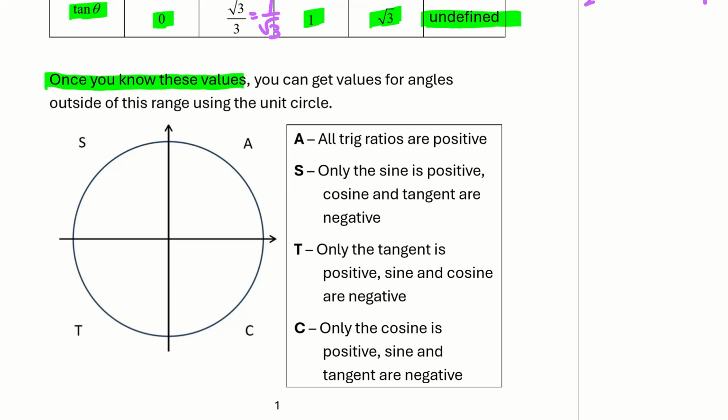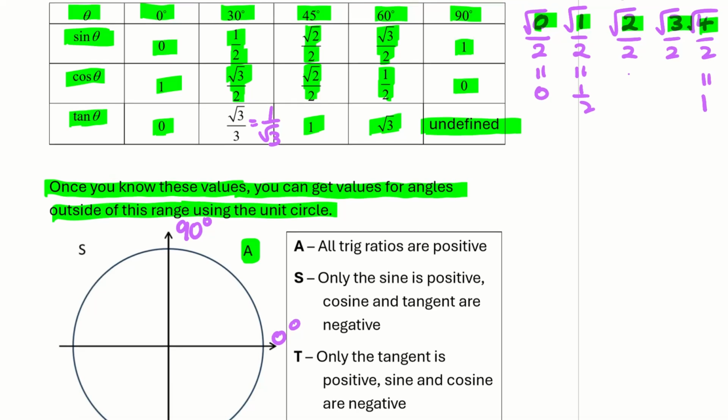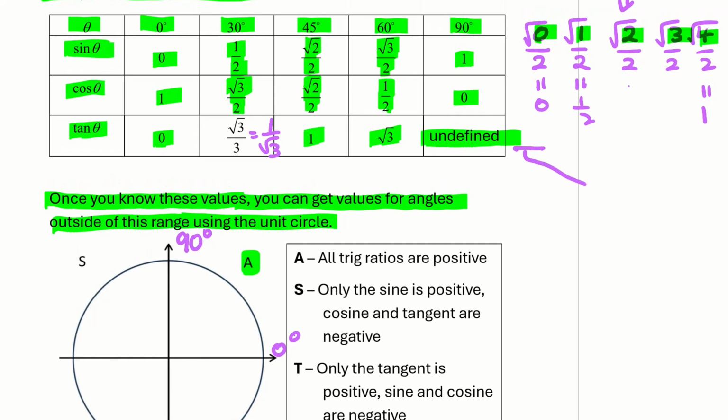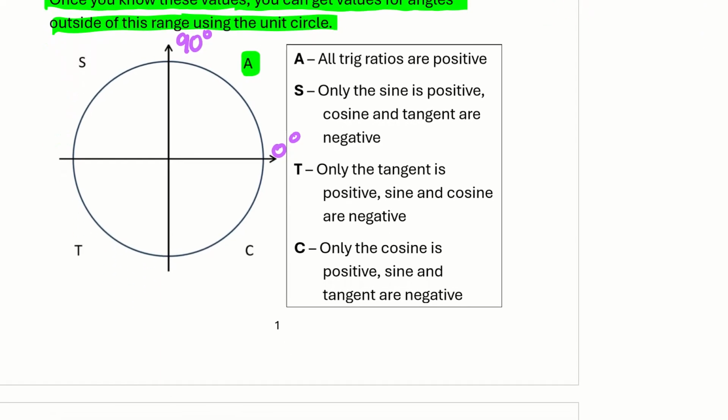Once you know the values, you can get values for angles outside of this range by using the unit circle. The important thing to remember is between 0 degrees and 90 degrees, sine, cos, and tangent are all positive. In fact, the values are in the table up here, and you can see that they are all positive values.